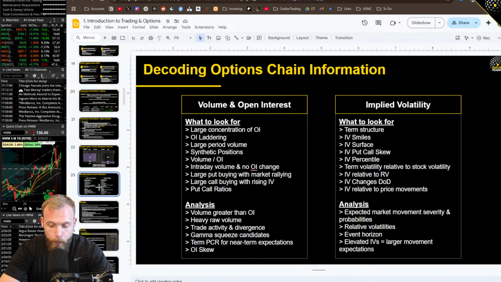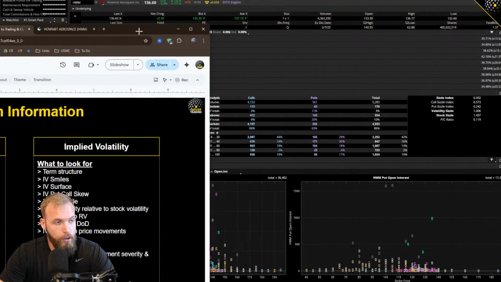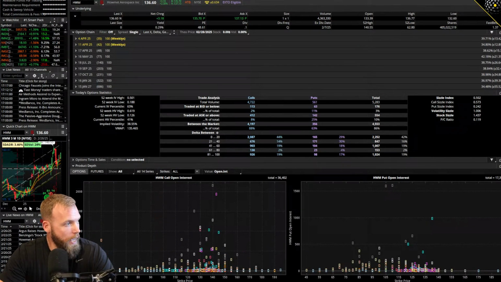The purpose of this data is we can come up with ideas on what's happening, gleaning information from the market. So I'm going to move this out of the way, and we're just going to keep strolling through the options chain together. And I'm going to highlight more of these for you as we go along.